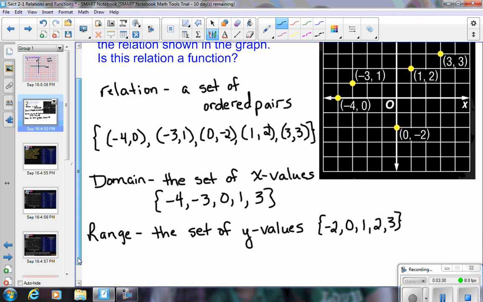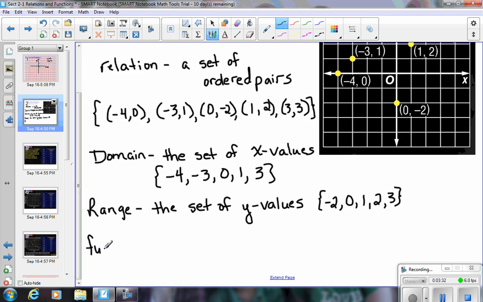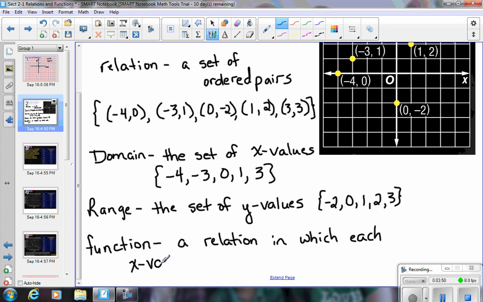In order to be a function, a function is a relation in which each x value, or the value in the domain, is paired with only one y value.